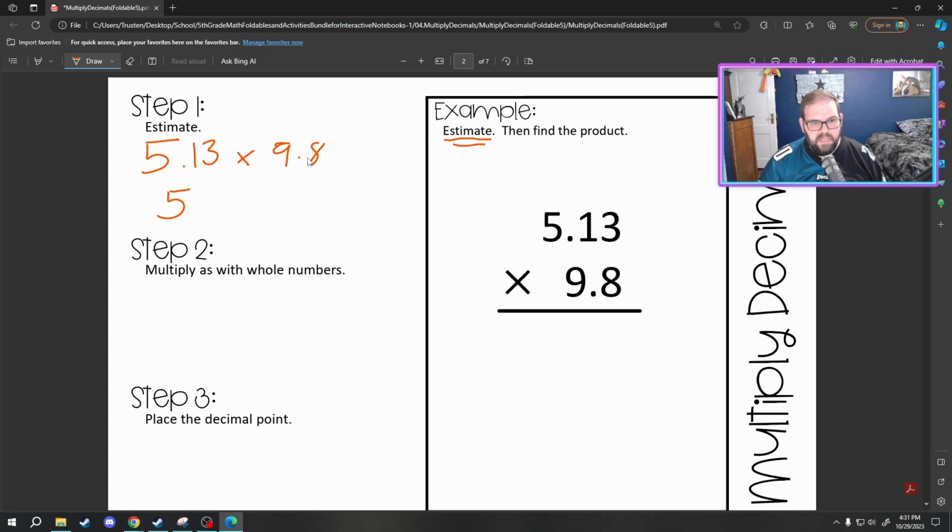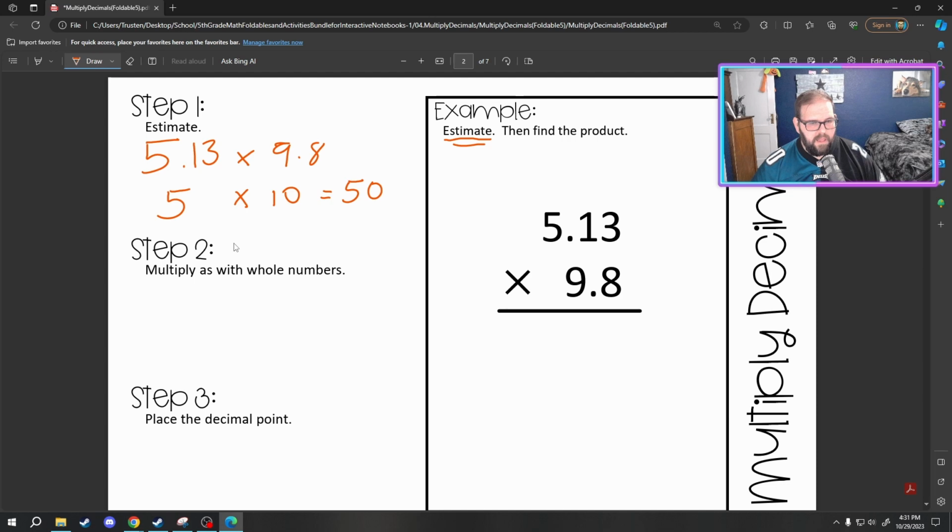This is an 8, so that's in our 5 to 9 range. The 9 plus 1 gives me 10. So 5 times 10, and our estimated answer is 50. If we get an answer that is close to 50, that is pretty reasonable, then we've done a great job.